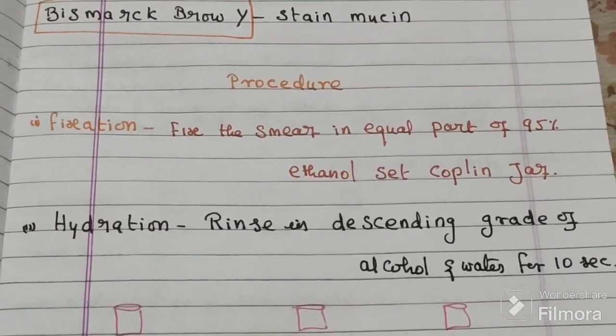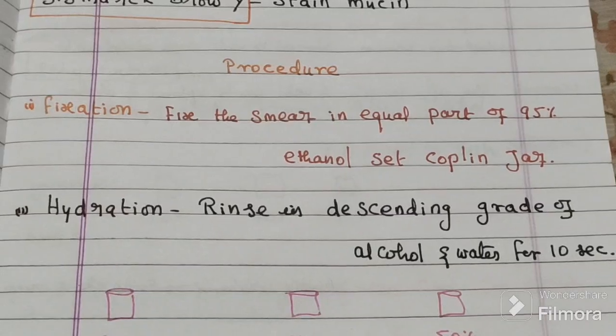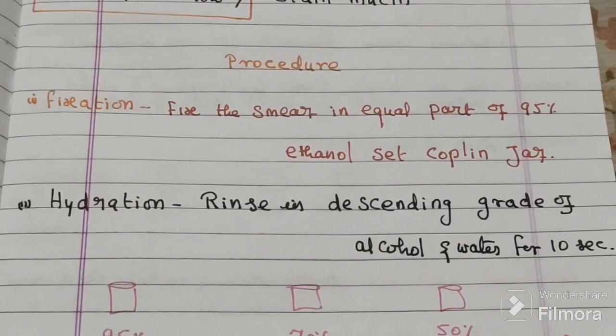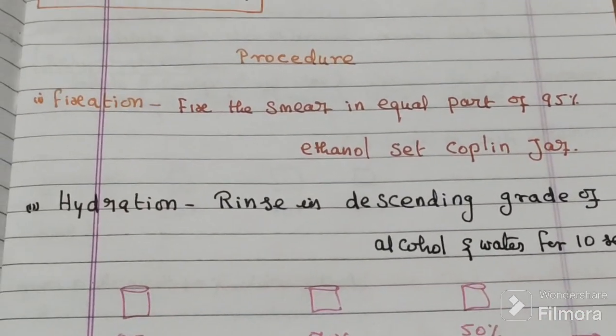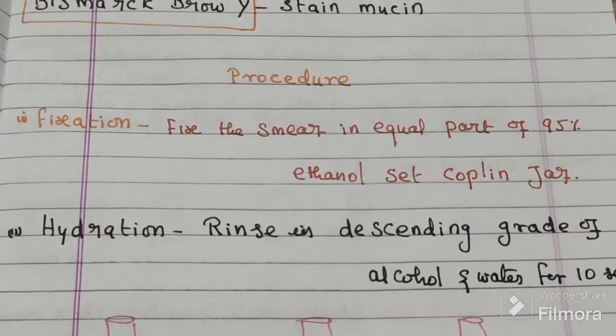The following solutions are required for PAP staining: descending grades of alcohol for rehydration.